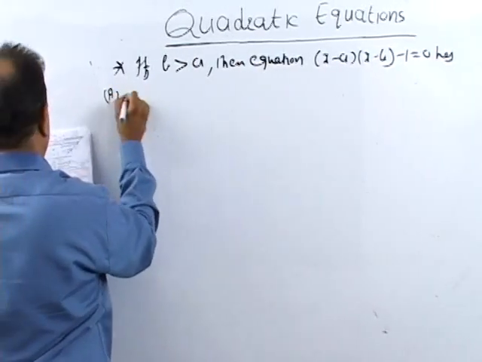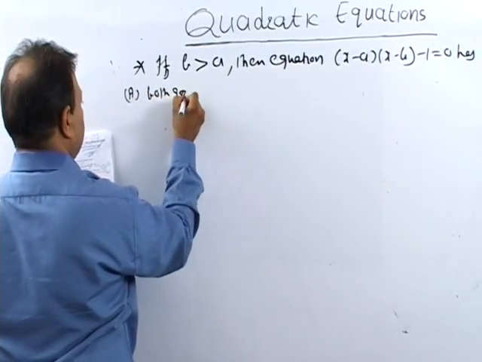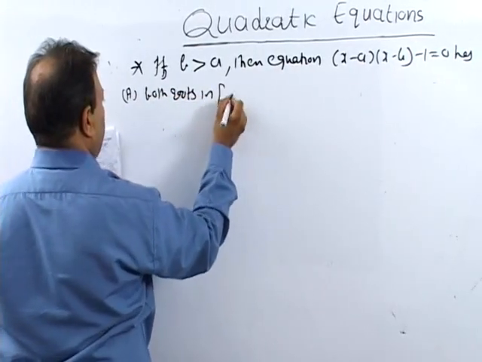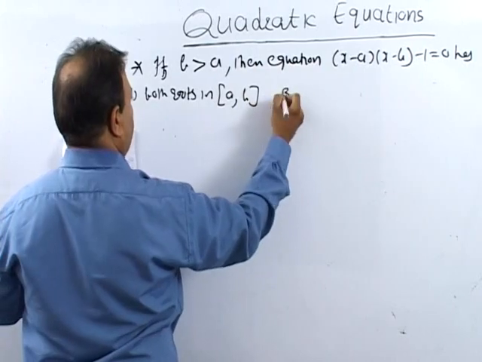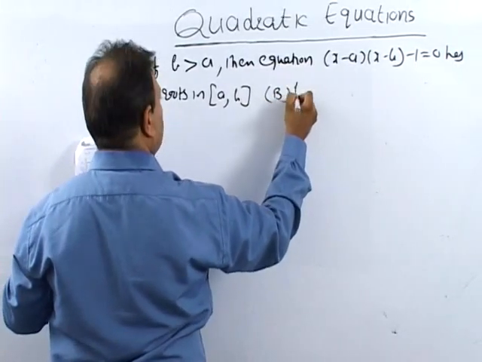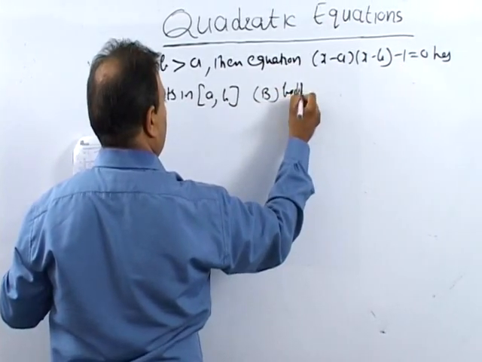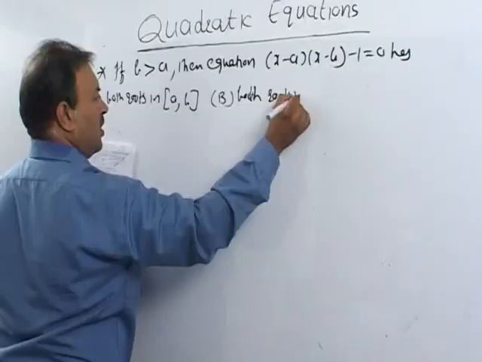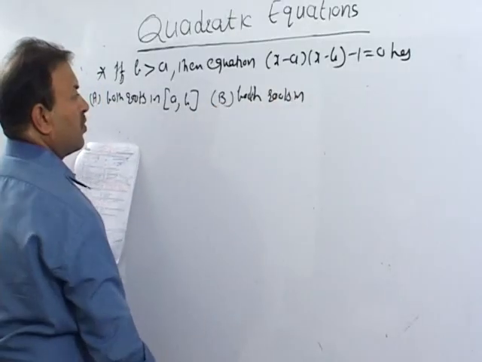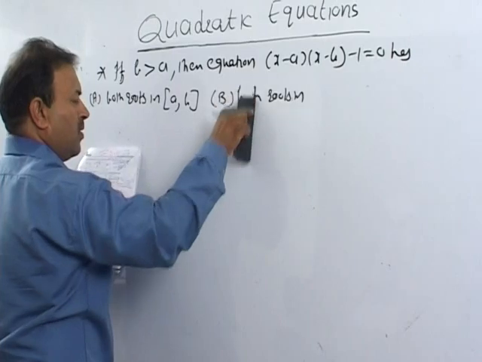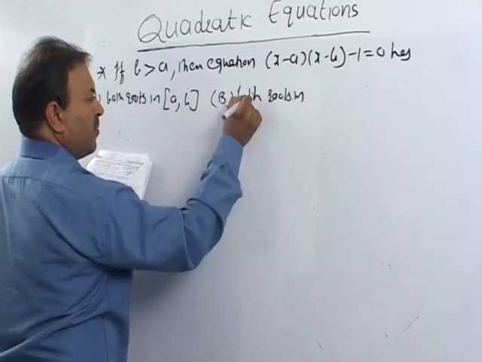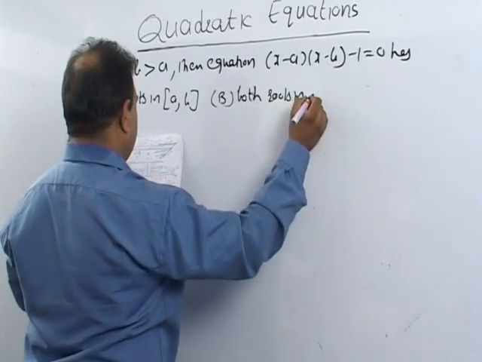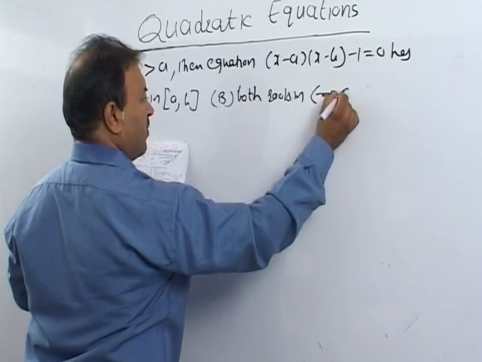First option, both roots in (a, b). B option, both roots in (minus infinity, a).